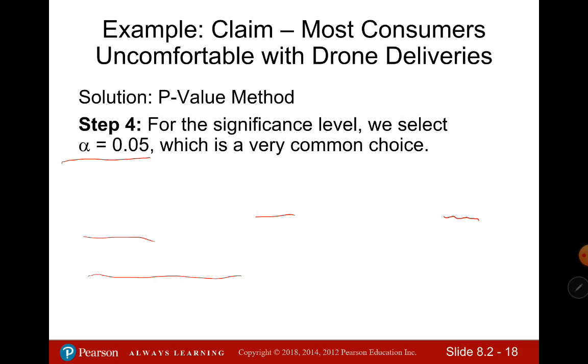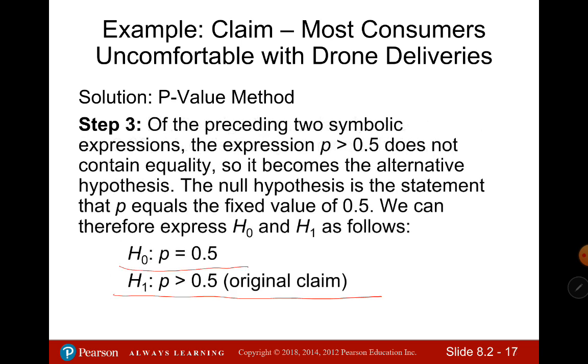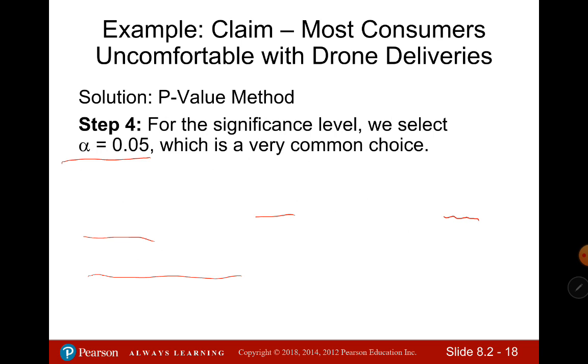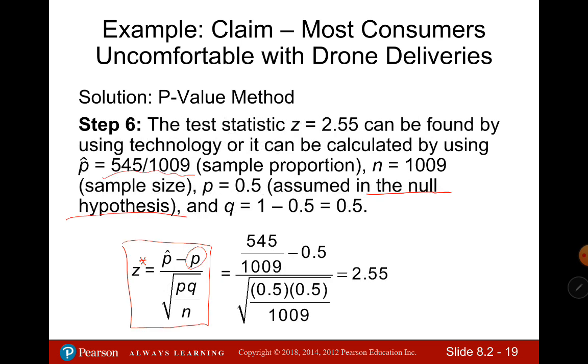What is our null hypothesis? P is equal to 0.5. So this is the value we're gonna use, right? It's always in your null. Null sets the assumption. Assume p is equal to 0.5. We're gonna use this value in our assumption in your null.